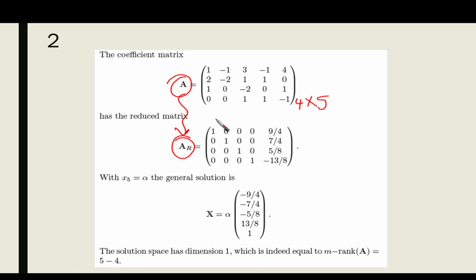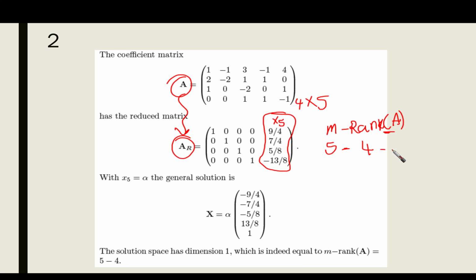And we have here x1, x2, x3, x4, and x5, with x5 seemingly to be our free variable, right? Our free variable. What is the dimension of this solution space? It is going to be m minus the rank of A. M here is going to be 5, the number of columns in the coefficient matrix, minus the rank of A, which is the number of non-zero rows in the reduced matrix. 1, 2, 3, 4.